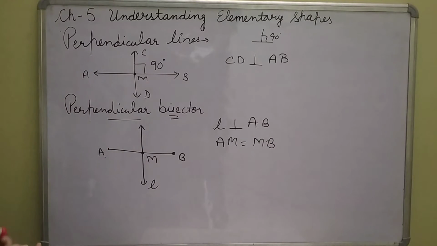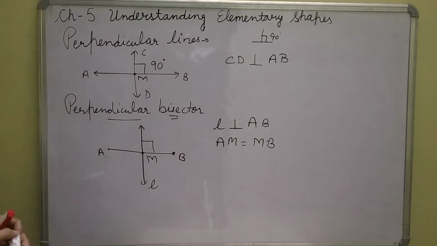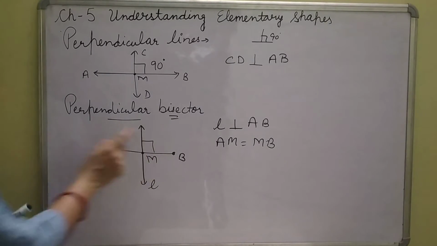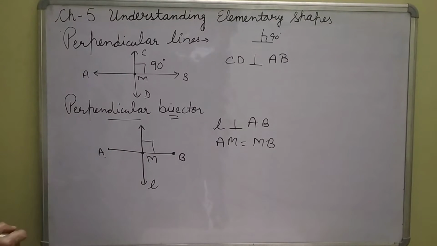So then it will be termed as perpendicular bisector. Perpendicular means it is of 90 degree. Bisector means two equal parts. So these are our perpendicular lines and perpendicular bisector.